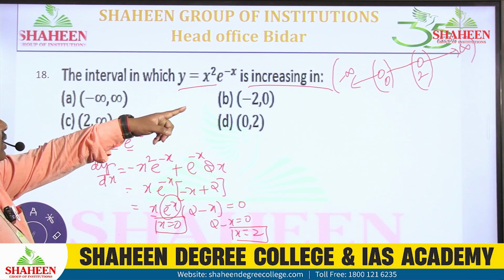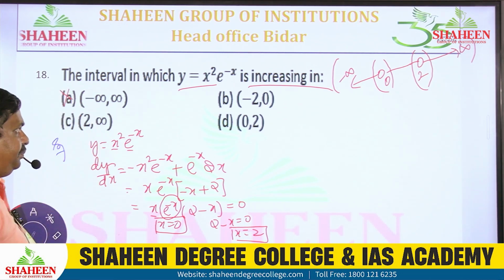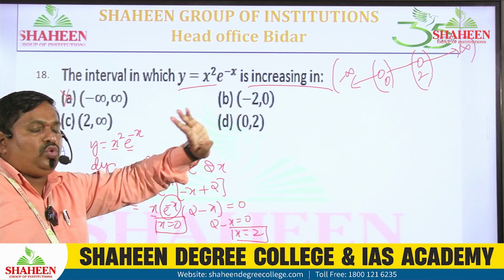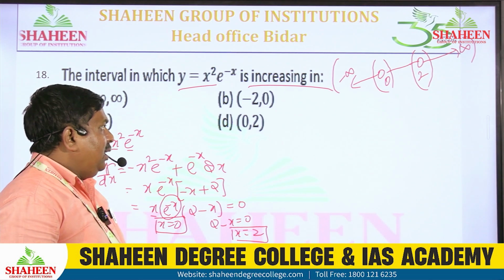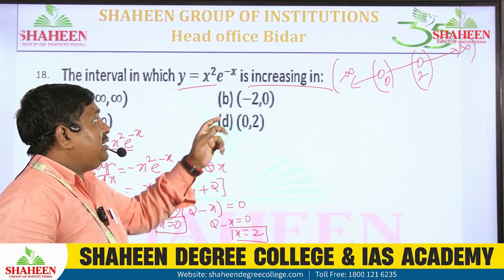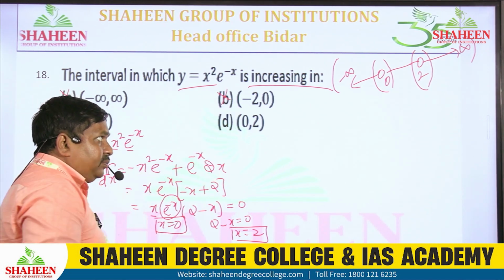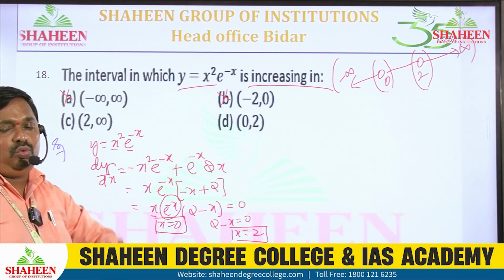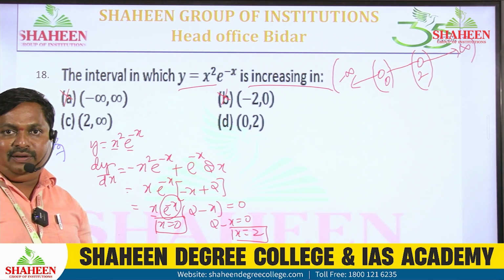The first interval is minus infinity to 0, but we don't have that option, so it is wrong. The second option is minus 2 to 0, which is also wrong. And we have 2 to infinity as well as 0 to 2. In these two, one of the intervals is increasing.